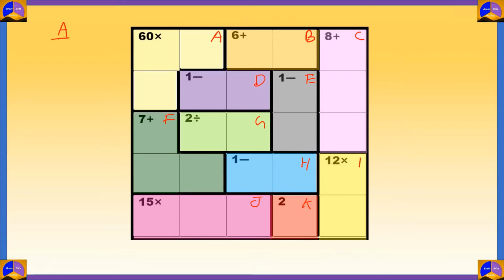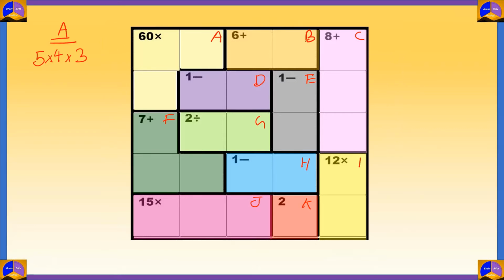After multiplying, our result must be 60. So the only option in a 5x5 puzzle is 5 times 4 times 3, which is equal to 60.